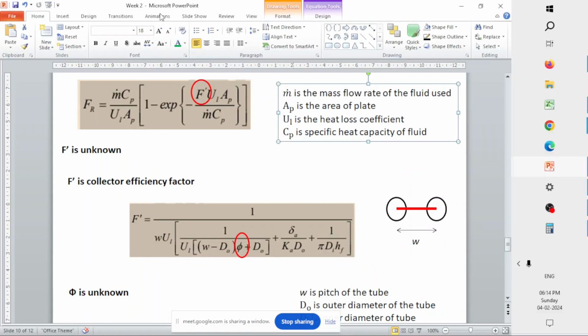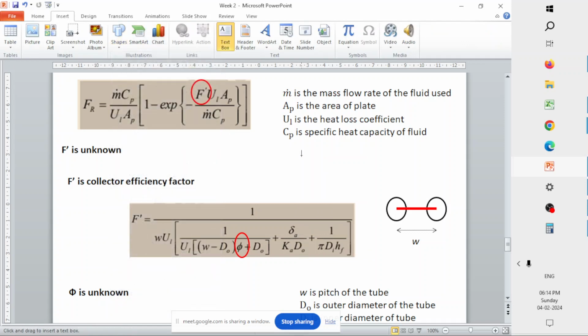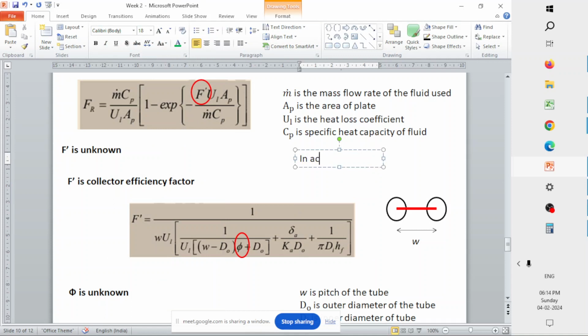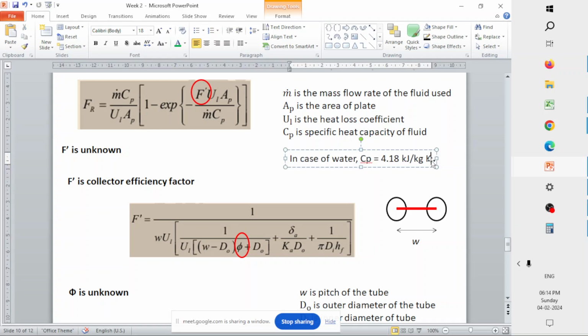So in case of water, the value of Cp will be 4.18 kilojoule per kg Kelvin, or if you want to express it in terms of calories, it will be 1.98 kilocalorie per kg Kelvin.